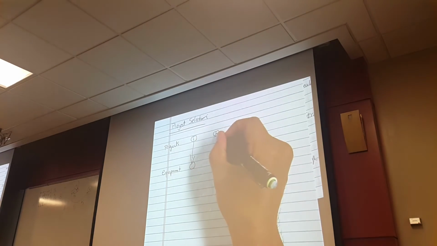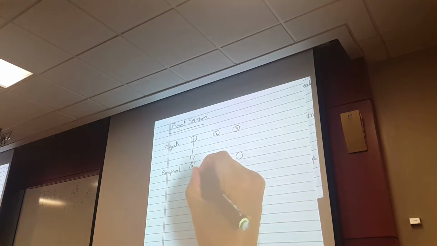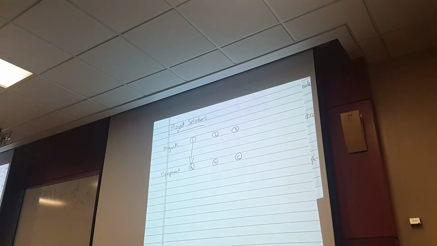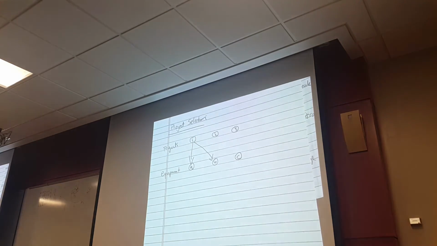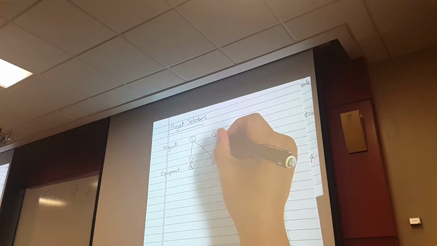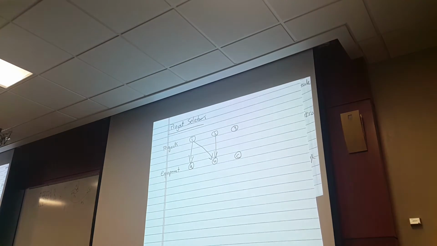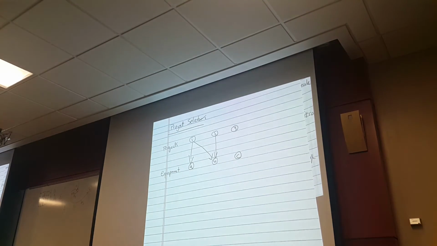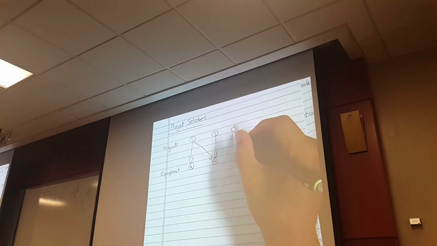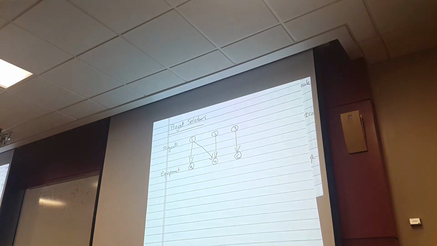So let's say there's project 1, 2, 3, and here's equipment A, B, C. For this project, you need these two pieces of equipment, and for this one, you need B only. Like maybe this project needs tables and chairs, and this one just needs chairs. And this one here needs just that.